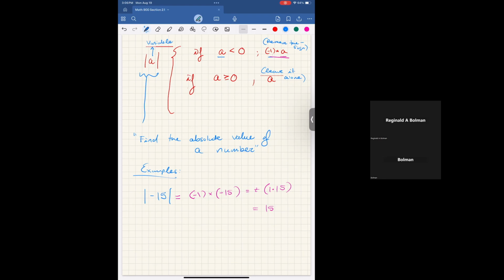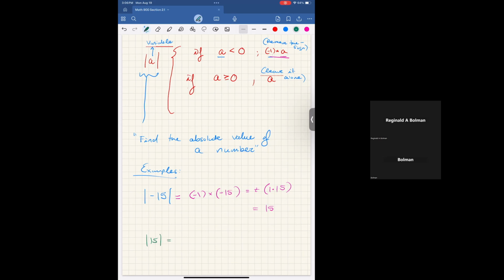Now, at some point, you're going to get so good that you'll remember that whenever you're taking the absolute value, it just means to clear the negative symbol. And in fact, many of you who don't have any problems at all with this content can just do just that. But it's important to know exactly how the absolute value works.